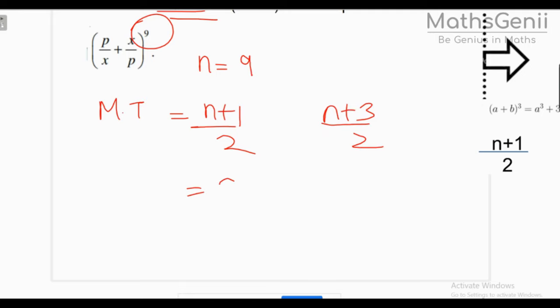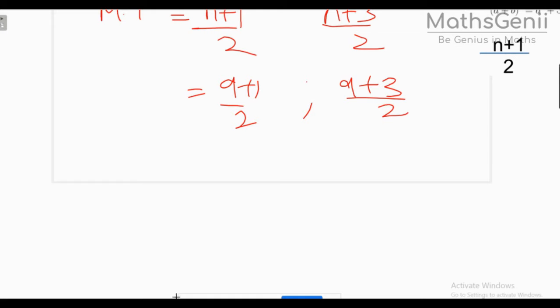So n is 9. And n in this case is also 9. And 9 plus 1, 10 by 2, which is 5. So fifth term. And n plus 3 by 2 is nothing but 12 by 2, which is the sixth term.